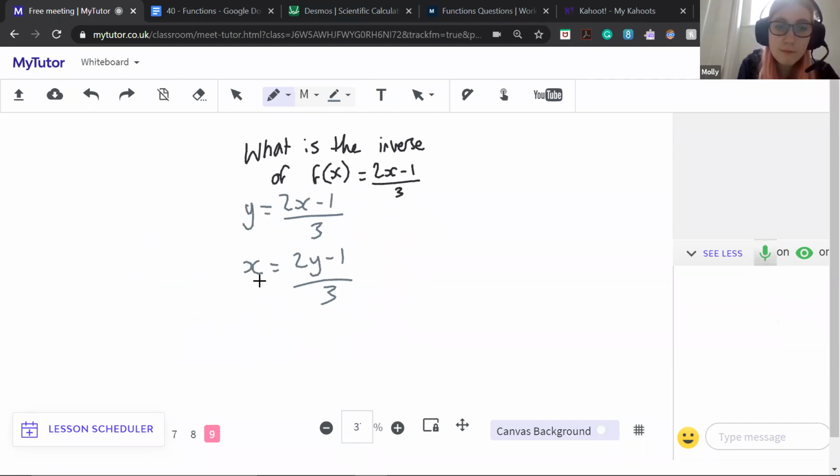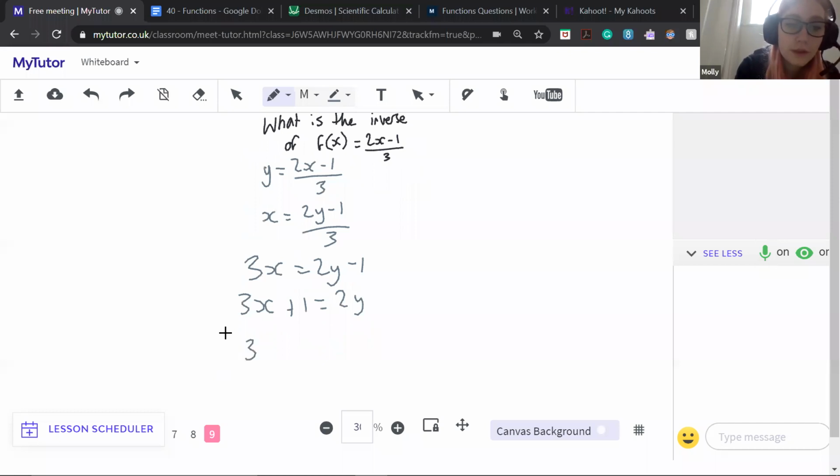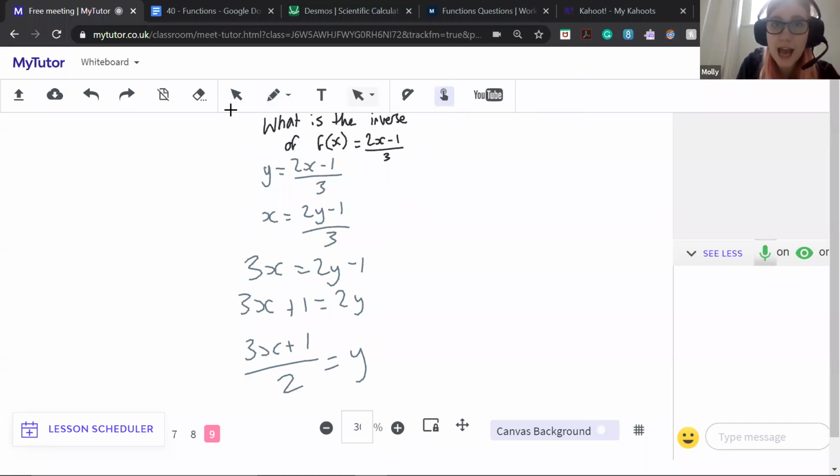We're going to start off by multiplying by 3 instead of dividing. Then we're going to add 1 instead of subtracting. And then we're going to divide by 2 instead of multiplying. So you see how at every single stage here, we've done the opposite of what was currently happening. It's just algebraic rearrangement. Yeah, and a few people have already got that, which is fantastic.